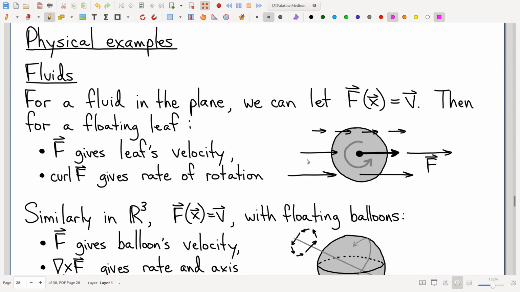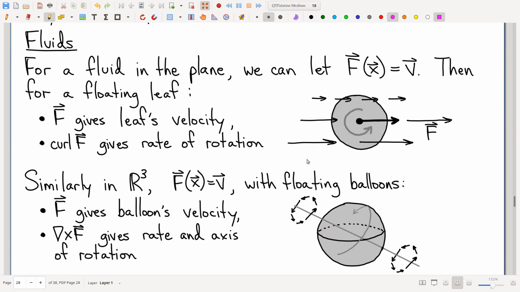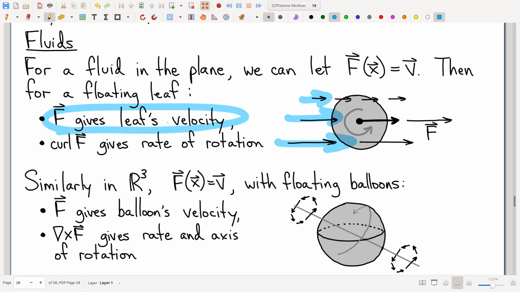Couple of quick observations about physical examples. Y'all will recall, of course, that if you have a vector field indicating the flow of a fluid, then curl is telling you what the implicit, effective rotation of the fluid is.